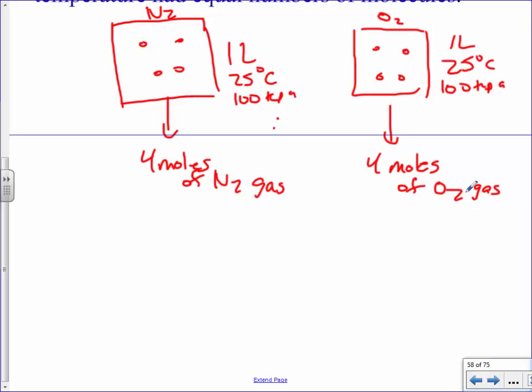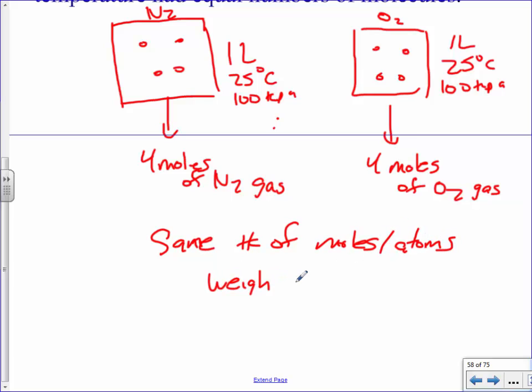Let me say that again. Even though both of these containers under the same conditions have the same number of molecules, they each weigh something different. And that's because nitrogen is slightly lighter than oxygen is. So even though they have the same number of moles or atoms or whatever you want to say, they do weigh something different.